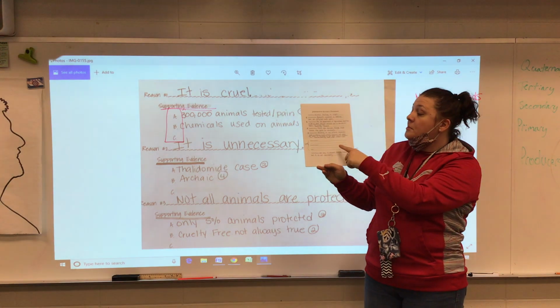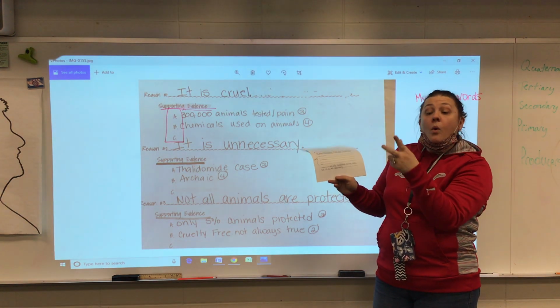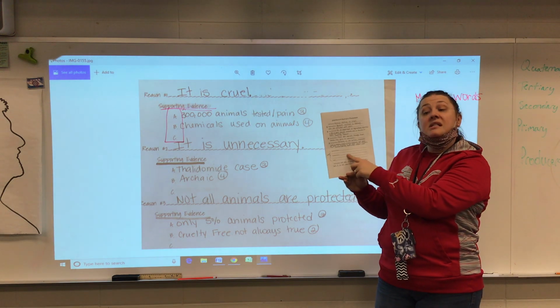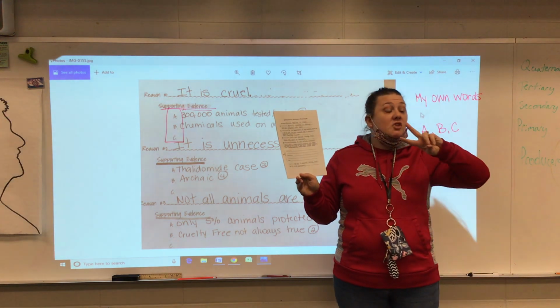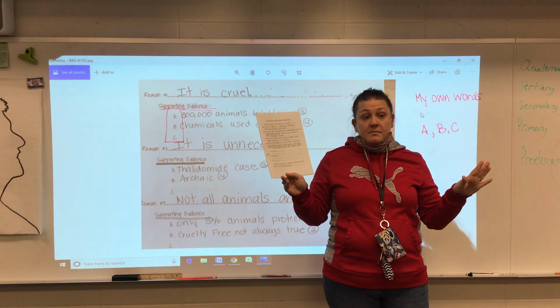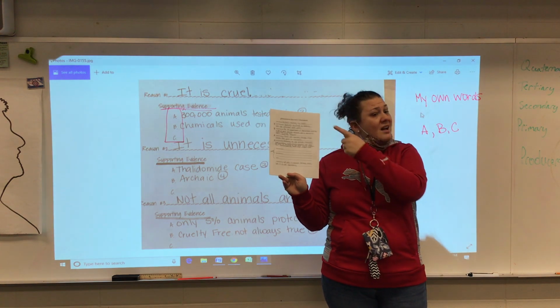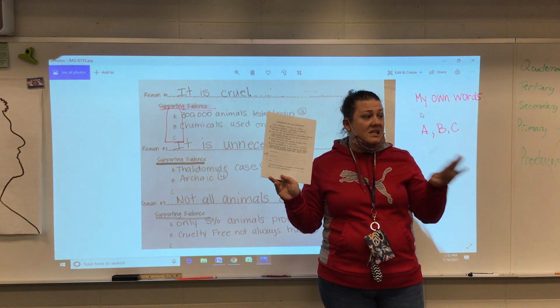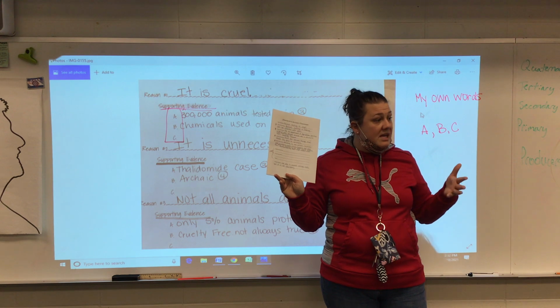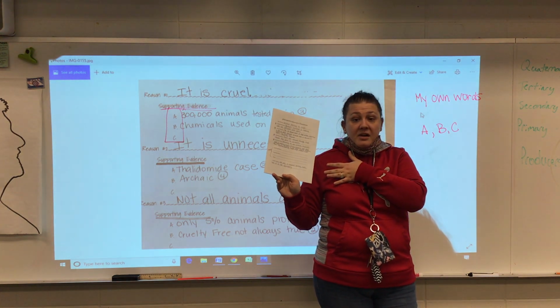So I gave you room if you want to do another supporting sentence and supporting evidence, or you can just do a couple more supporting sentences. As long as you have 2 pieces of supporting evidence, which is research, then you're fine. So if you're a good writer, you can add some more. If you're not a very good writer, then just go with what this outlines and it's fine. Do you see what I'm saying here? Is this helpful so far on how to build a proper paragraph?